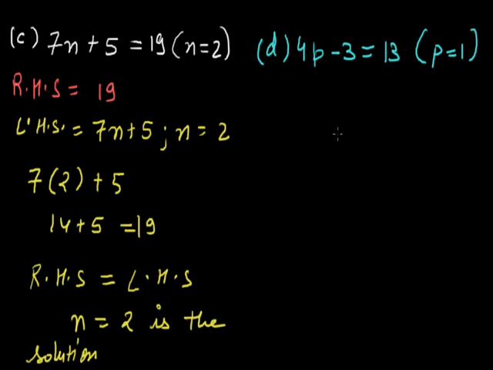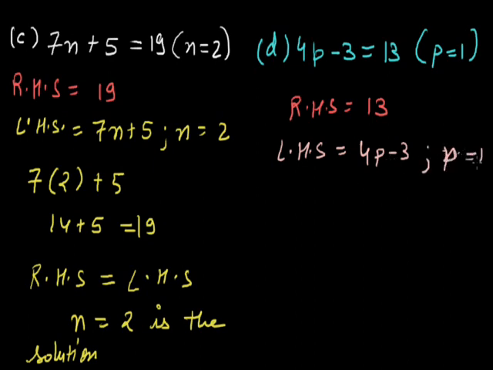Now here we have the right hand side as 13 and at the left hand side we have 4p minus 3 and we have to put p as 1. So let us put the value of p. 4 into 1 minus 3. So it will be 4 minus 3 which will be equal to 1.